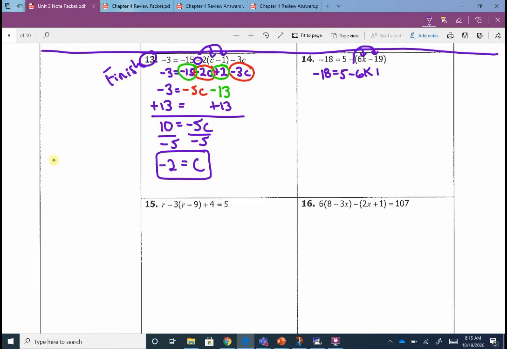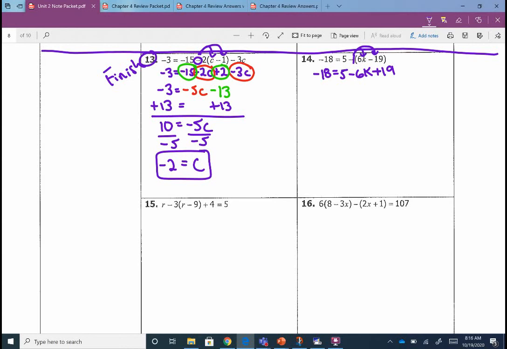Positive. Positive 19. So we have to be careful with our signs. We have to look at what's in front of the number. If there's a subtraction sign there, we have to get used to the idea that that's really a negative sign for us. Or the number in front of our parentheses is really a negative 1 we have to distribute.